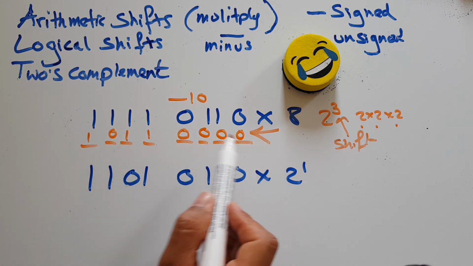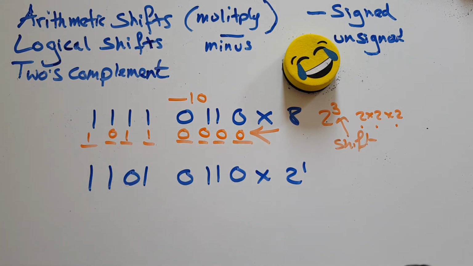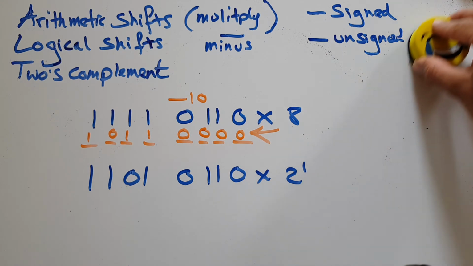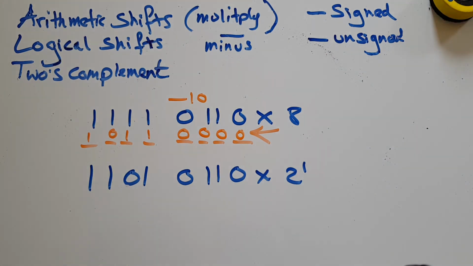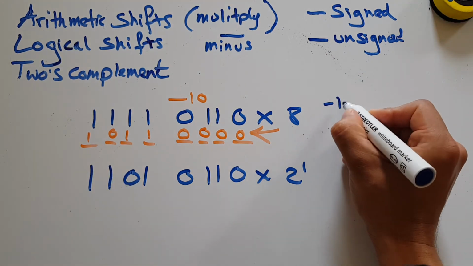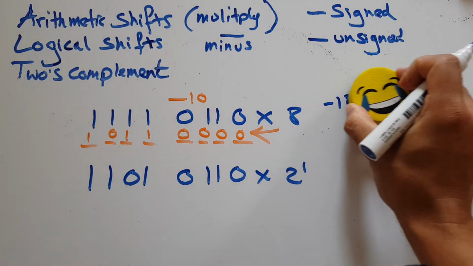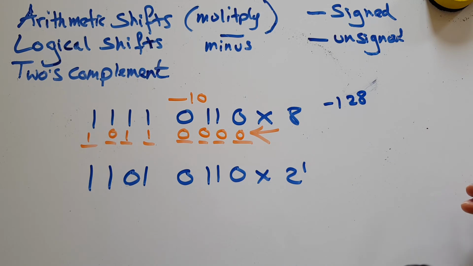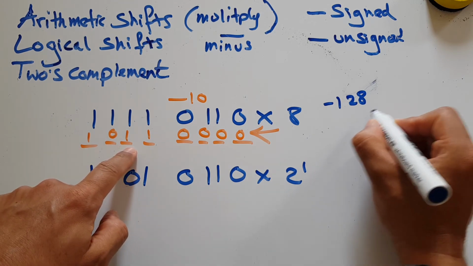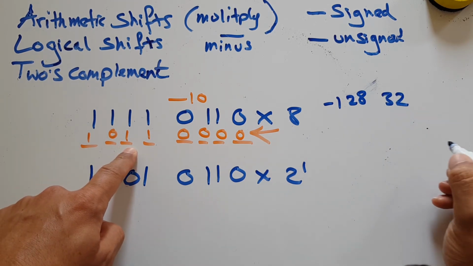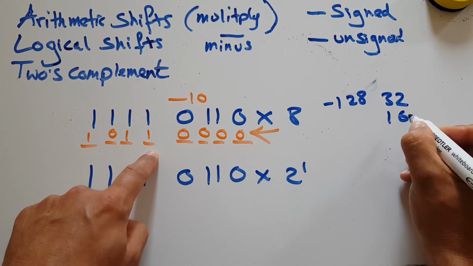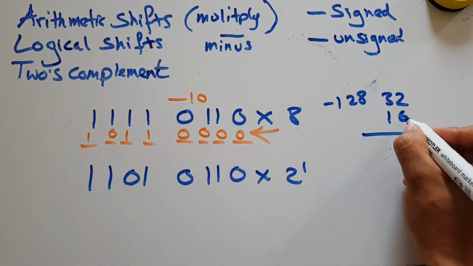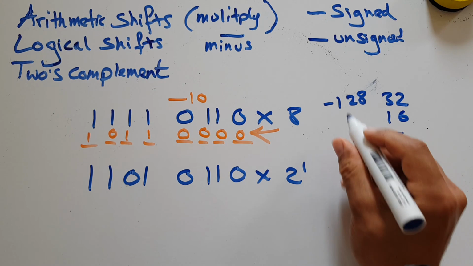Does this add up to minus 80? Well, let's have a look. So I've got a minus 128. I've also got a 32. And I got a 16. And that's it. 32 plus 16 is 48.